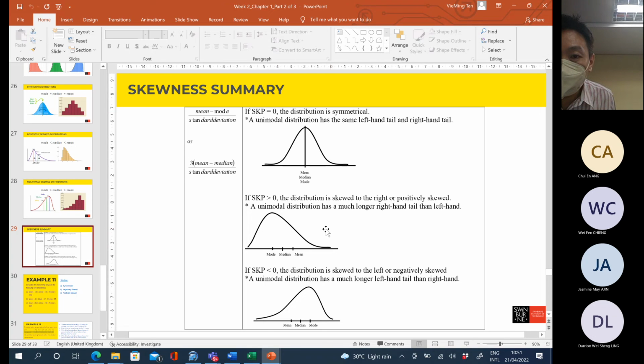If your SKP is a negative number, the data distribution is skewed to the left, so the tail is on the left-hand side, which is here. Hopefully you can understand the concept of skewness using this PowerPoint slide.